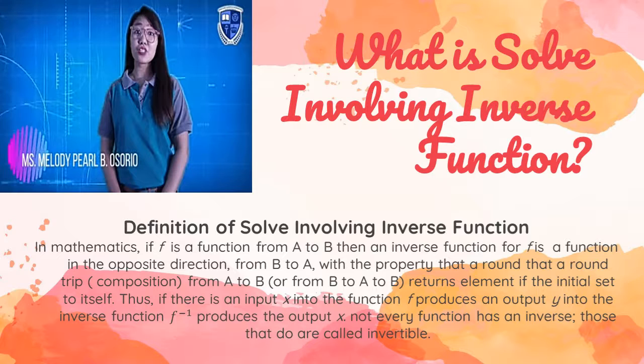In mathematics, if f is a function from A to B, then an inverse function for f is a function in the opposite direction from B to A with the property that a round trip composition from A to B to A returns the element of the initial set to itself.